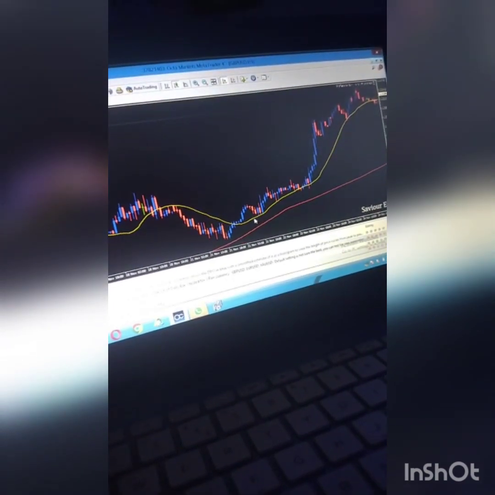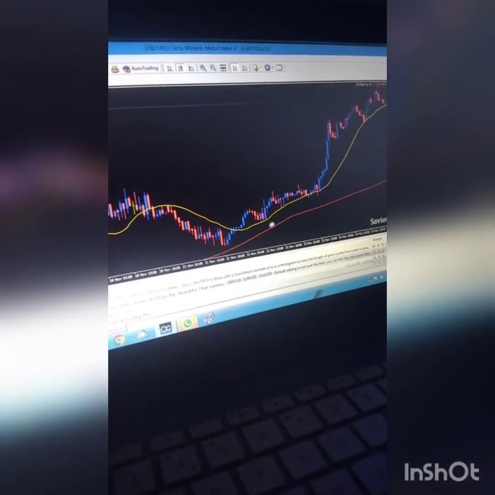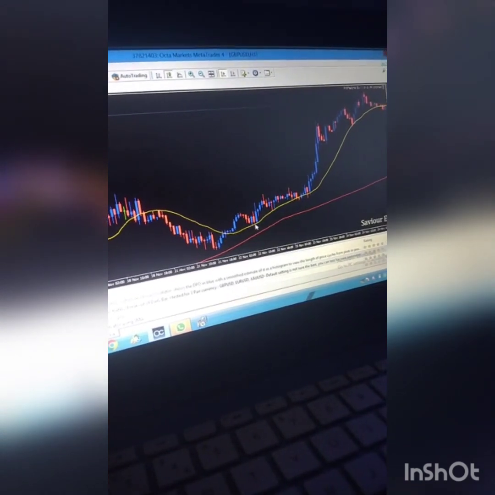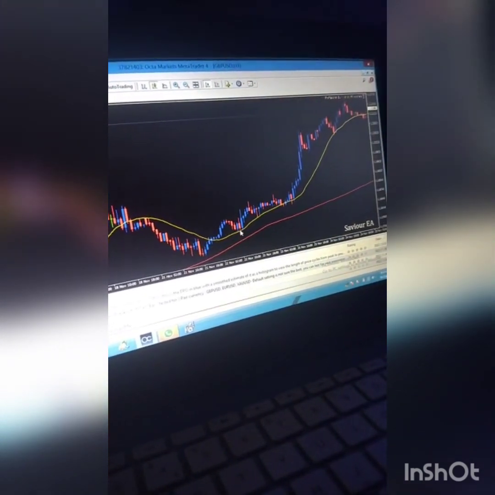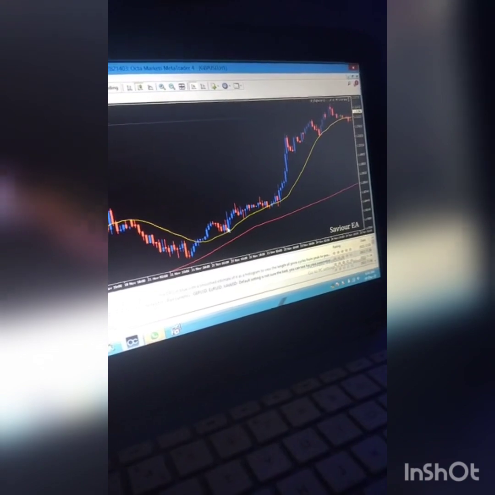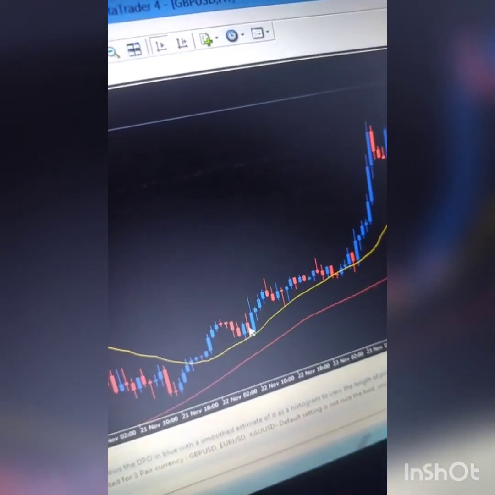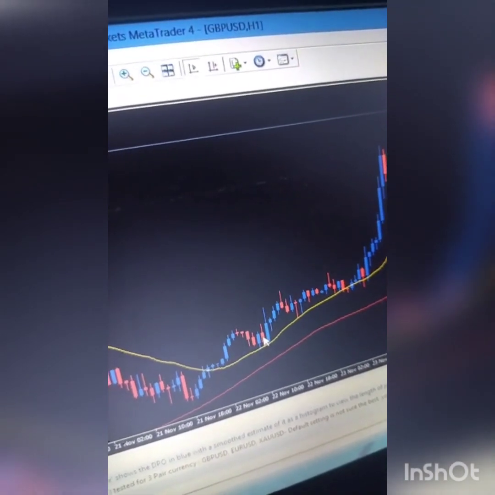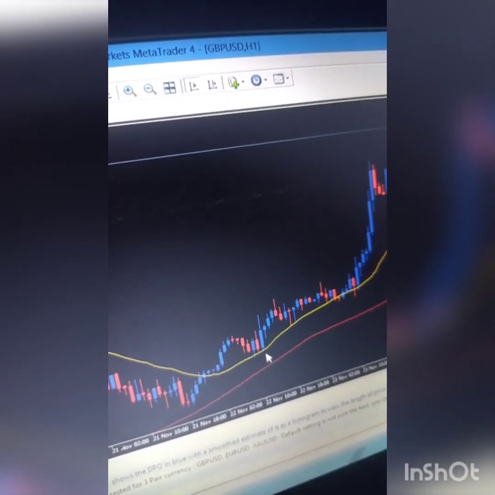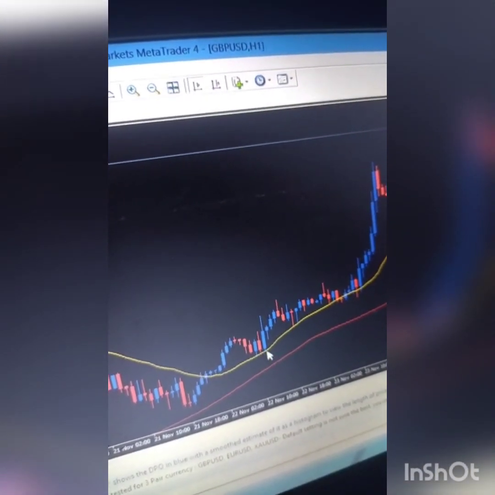Now at this point, you will see that they are close to each other. They are close to each other here. Then what happened? There is a red here. This red here. Now you see that these two moving averages are close to each other.